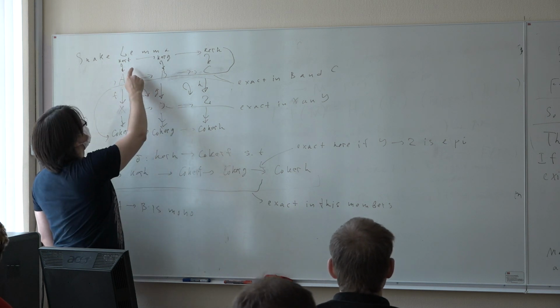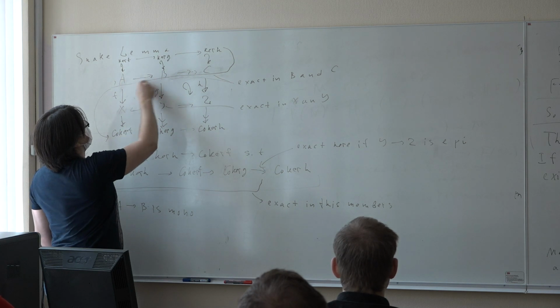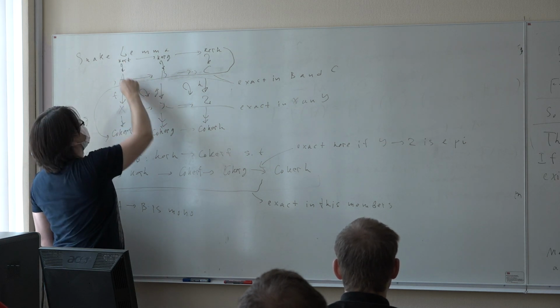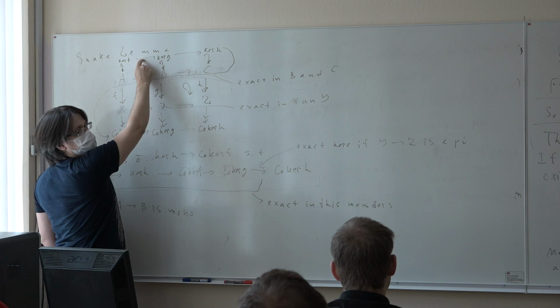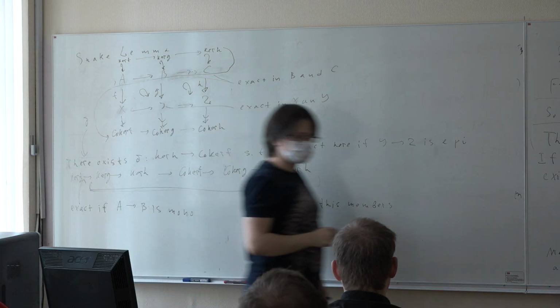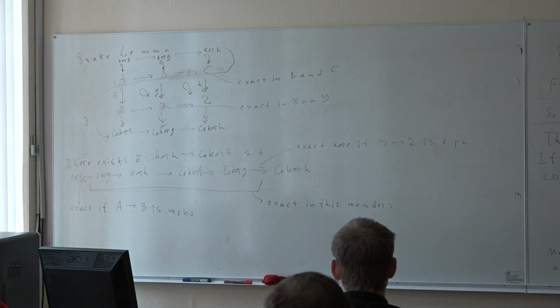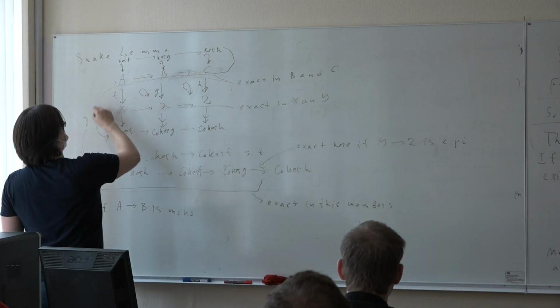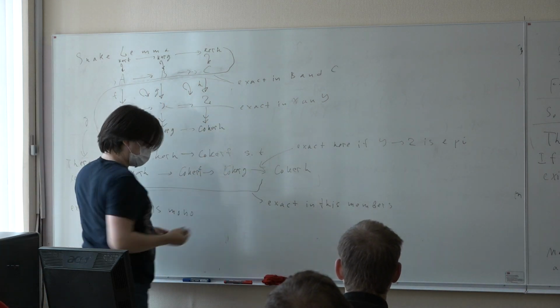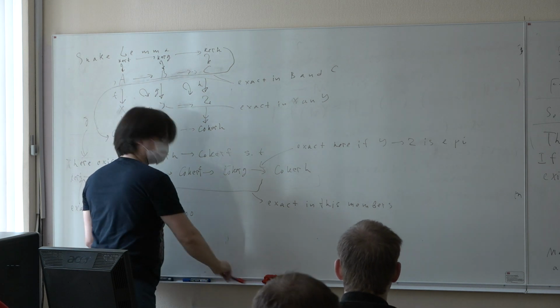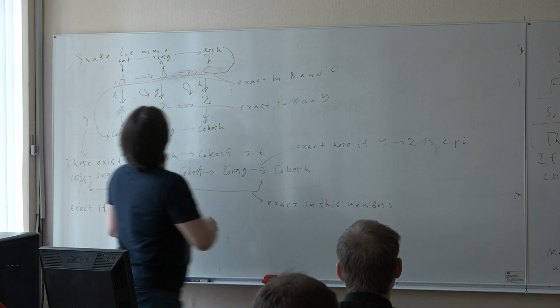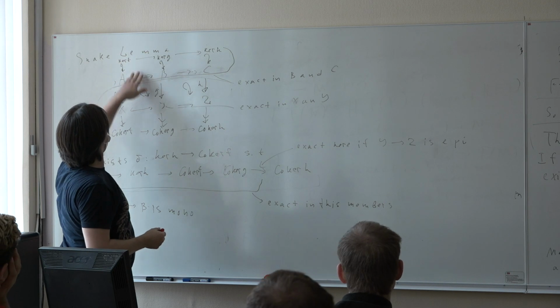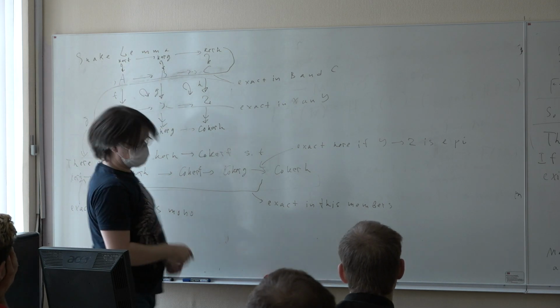And here the same thing. If this one is mono, then this composition is mono, and this arrow has to be mono. This part is clear. But we will need a situation where one of these maps is not mono or epi.